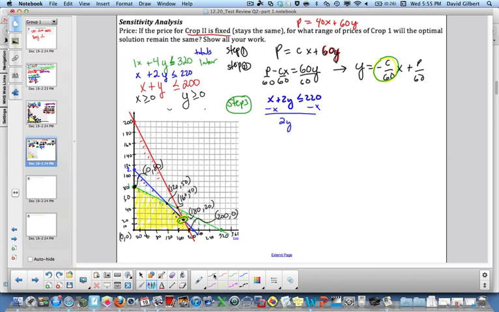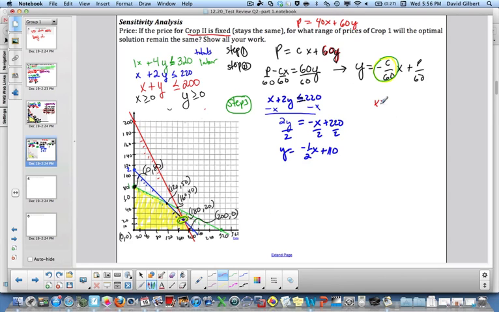You can just treat this like an equal sign when you're solving this part, because it doesn't matter the shading, we're just looking right on the edge, right on the line. So we get that equals negative x plus 220, divide by 2, and we get y equals negative 1/2 x plus 110.